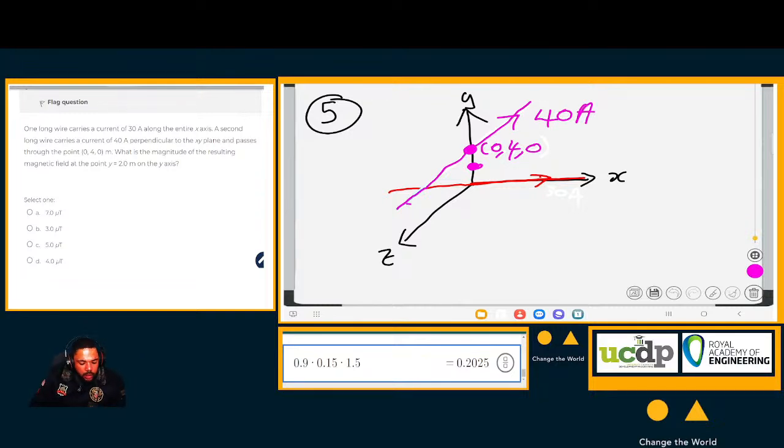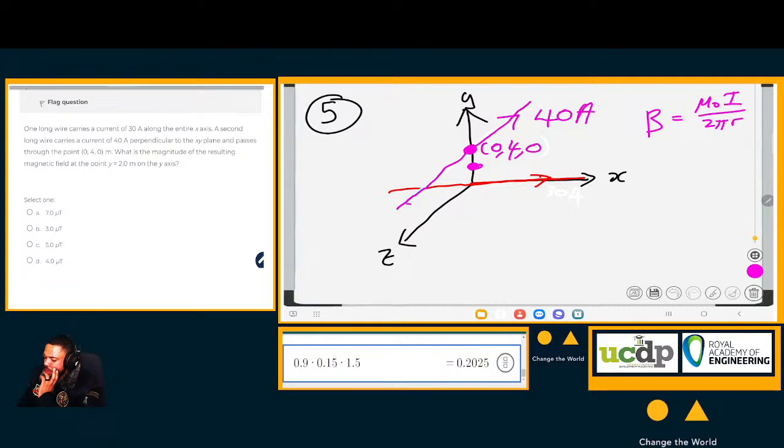There is a normal way we can do this and a faster way. Let's do it the long way. The magnetic field at this point, due to the purple current carrying conductor, will be B equals mu naught times I over 2 pi r.